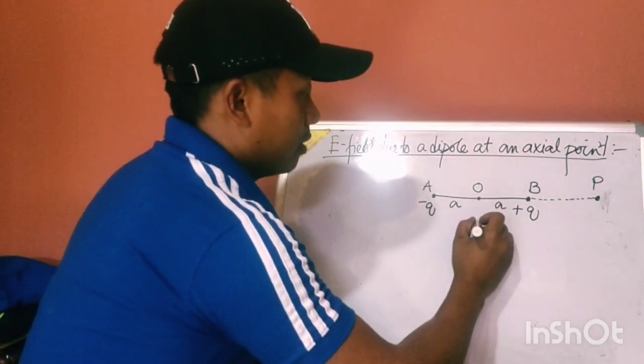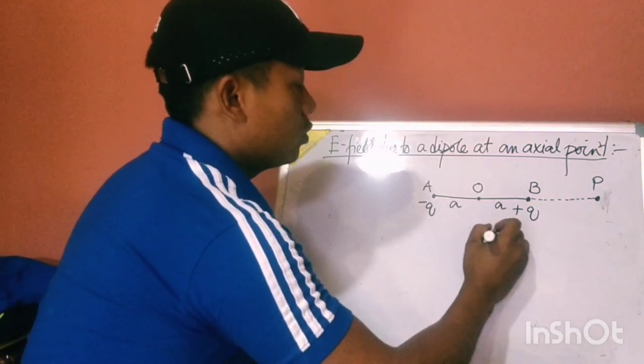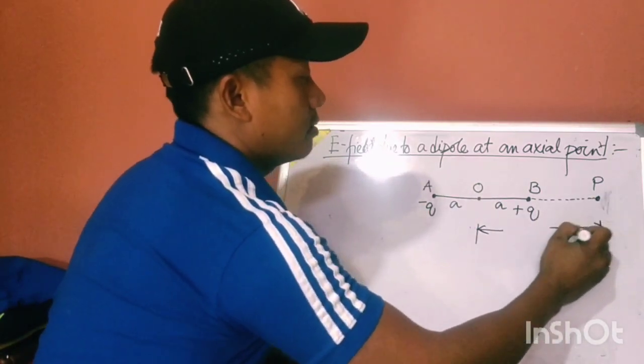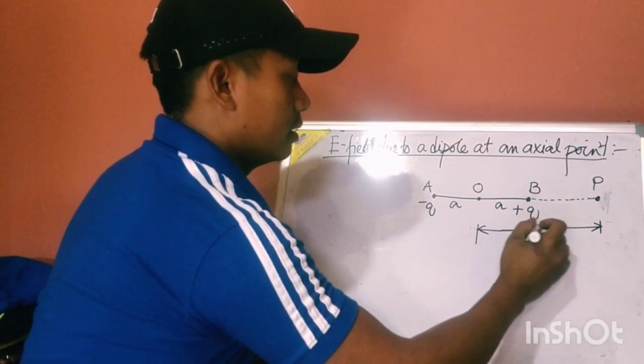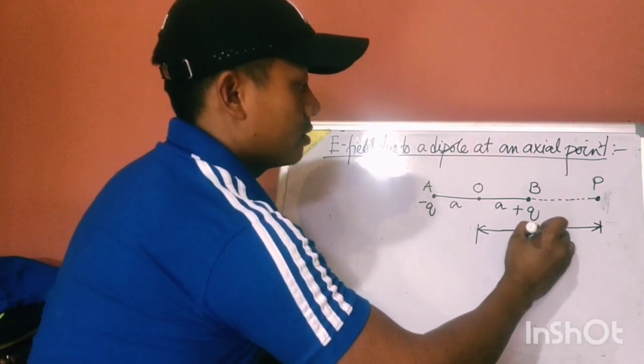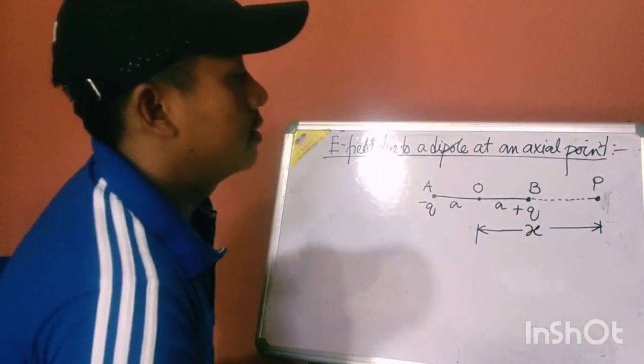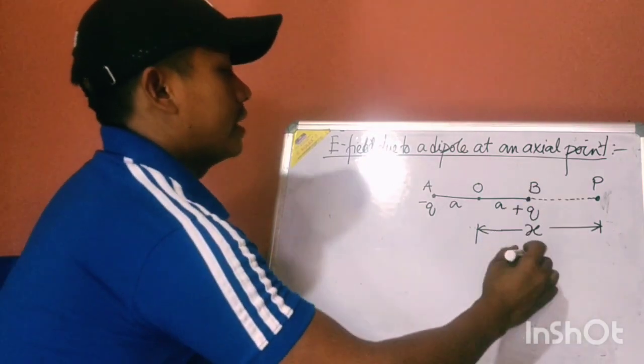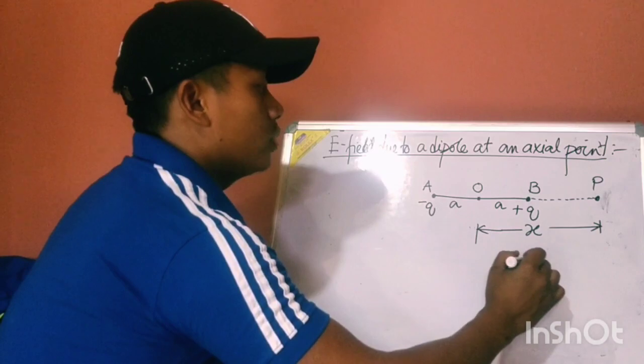Then if the distance from O to P is taken as x, then how much should be the distance from P to A?